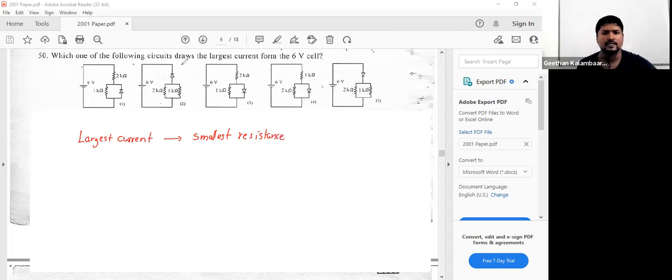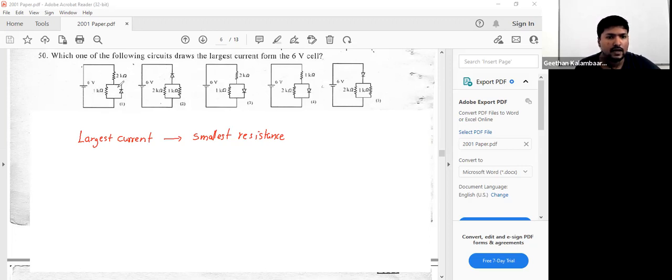If you have a diode in forward bias, it's the lowest resistance, and if you have a diode in reverse bias, it will be the highest resistance. So we'll write the resistances of each of these circuits here.